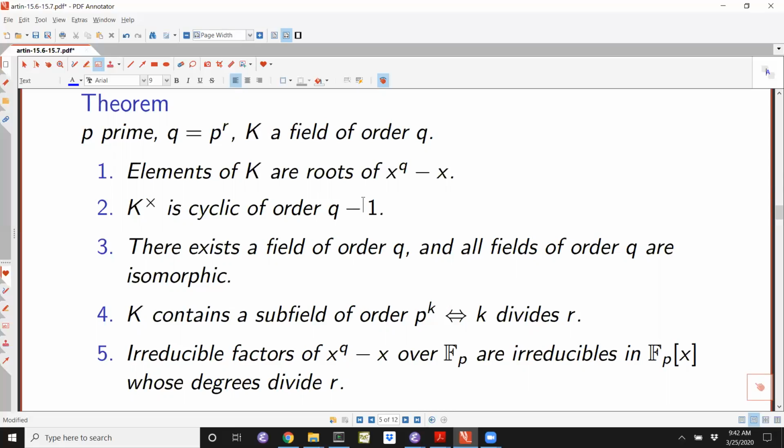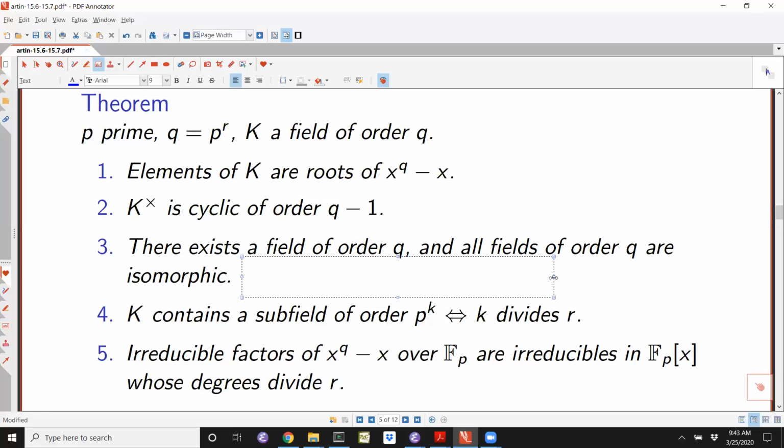So 3 is the classification thing. You could put this in terms of two facts, and it will in fact take 2 proofs, but in order to preserve the alliteration, keep it down to 5 facts.